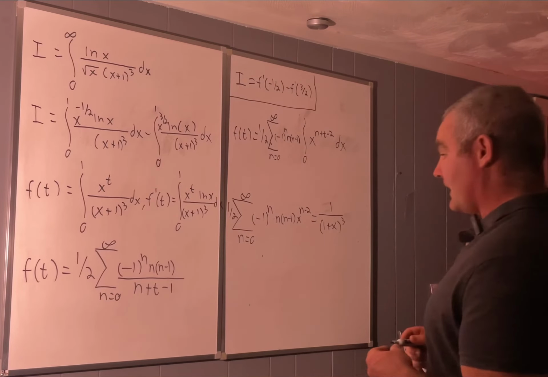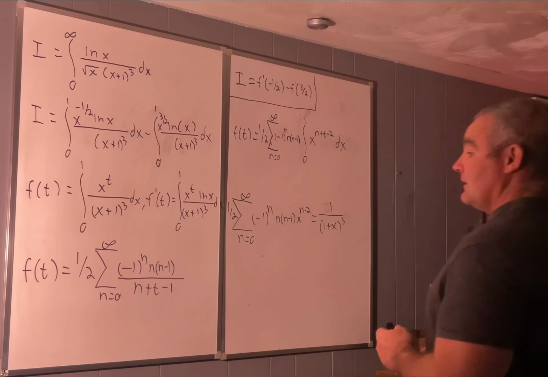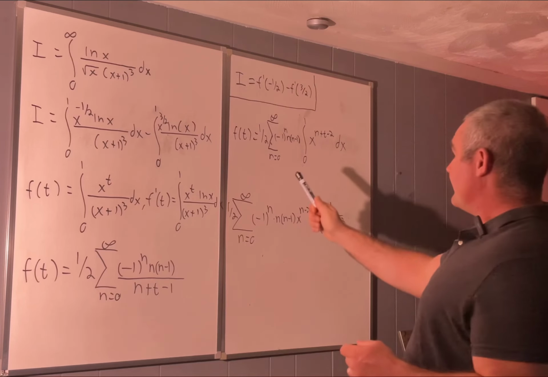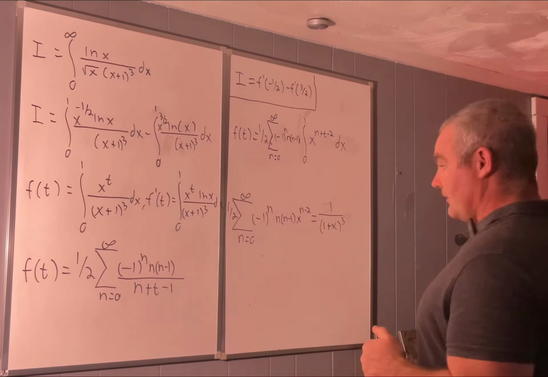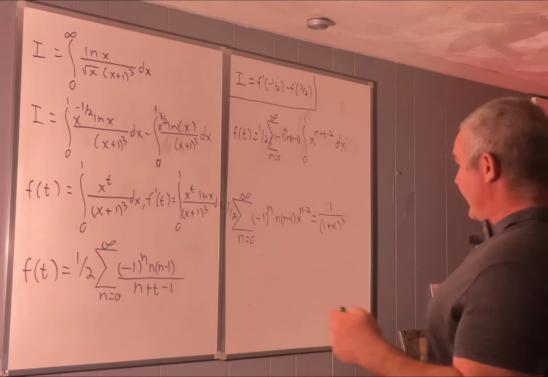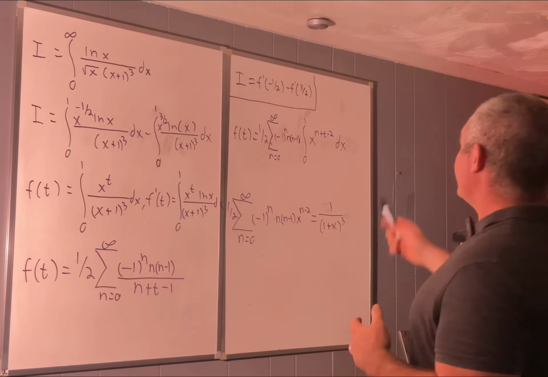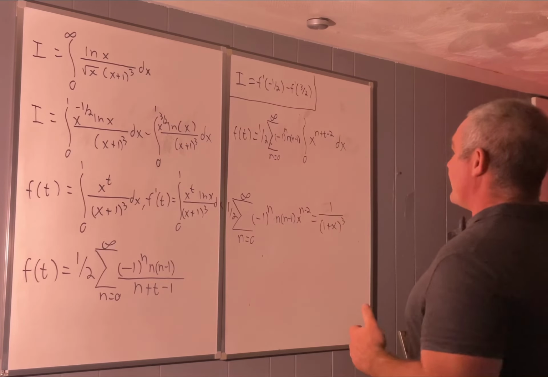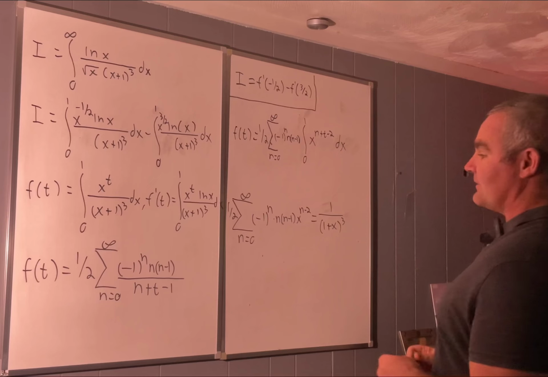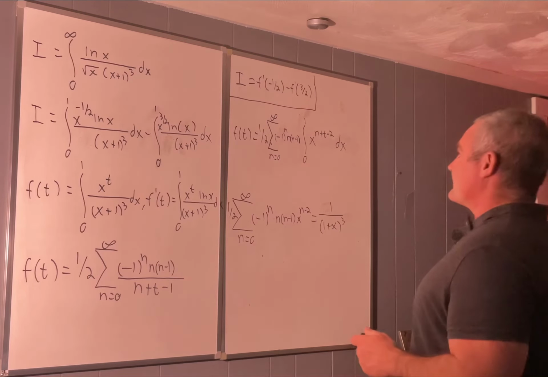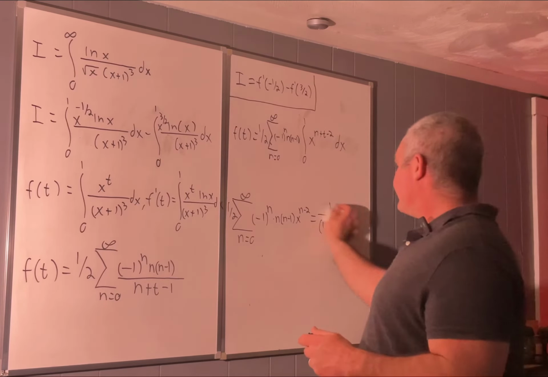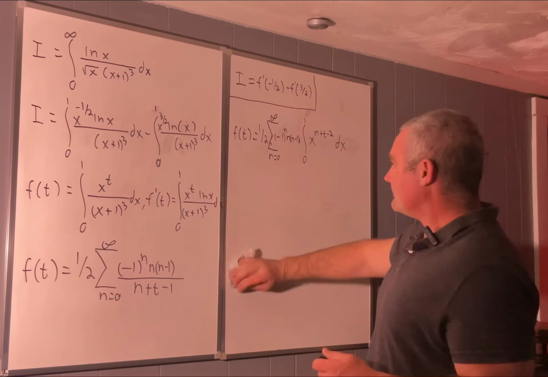All right, did I forget anything? 1/2, sum going from 0 to infinity, negative 1 to the n, n minus 1, and this evaluates to 1 over n plus t minus 1. So that's it. That's correct. So there's our f of t.